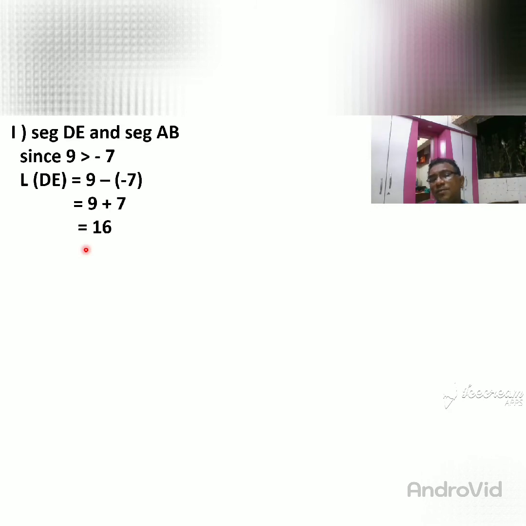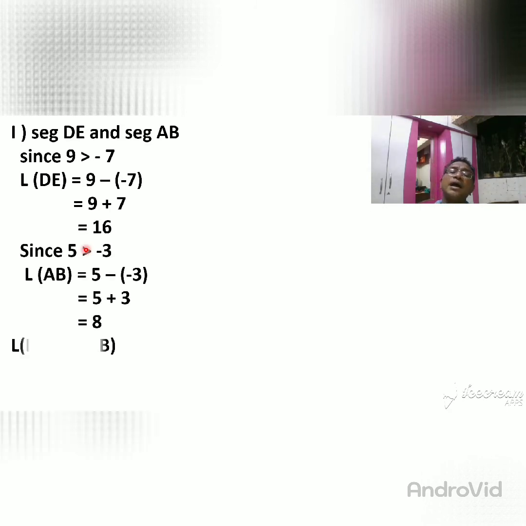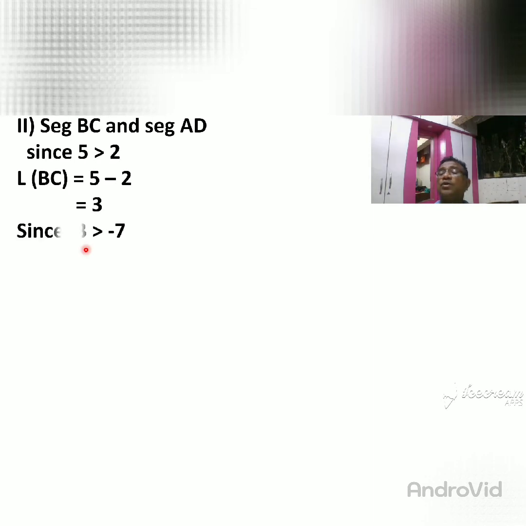But I will show you how you can write this, because all these things I explained with the help of the table. Now we are going to write whether they are congruent or not congruent, and if they are congruent then why they are congruent. So segment B, here the E coordinate is 9 and B coordinate is 5.